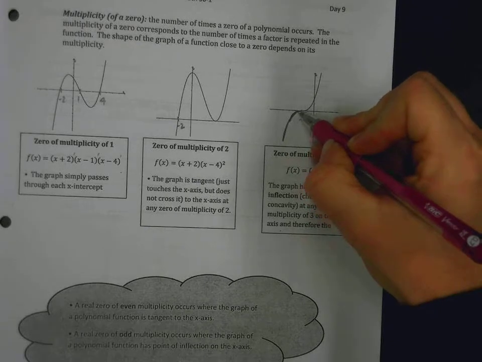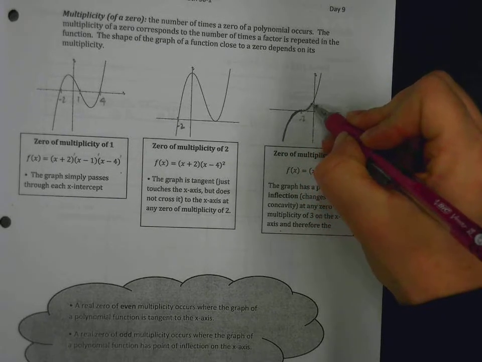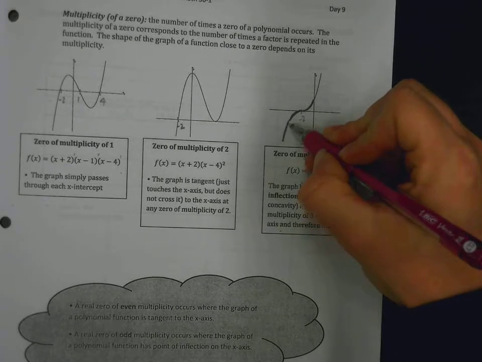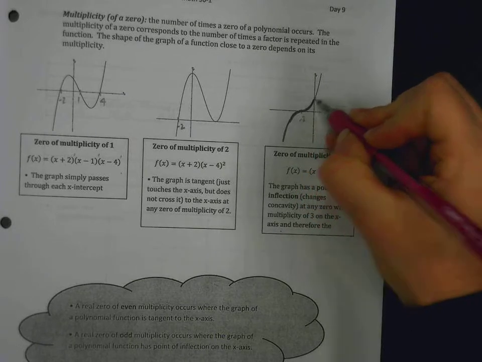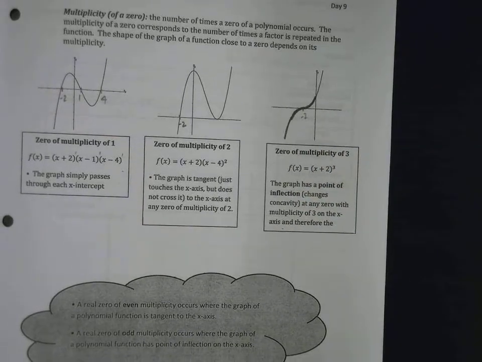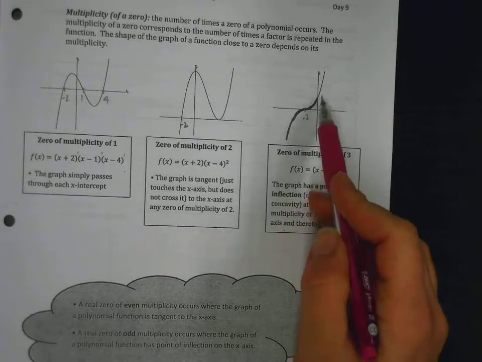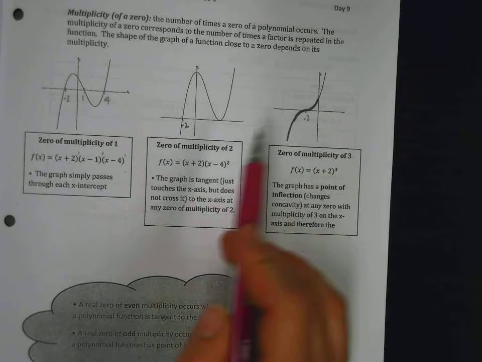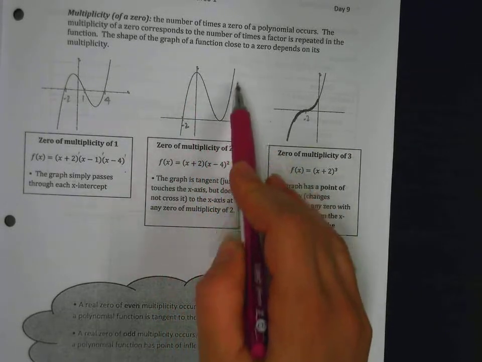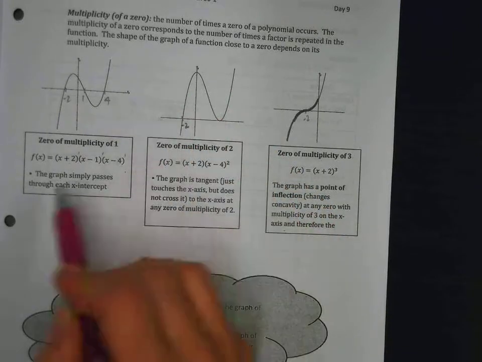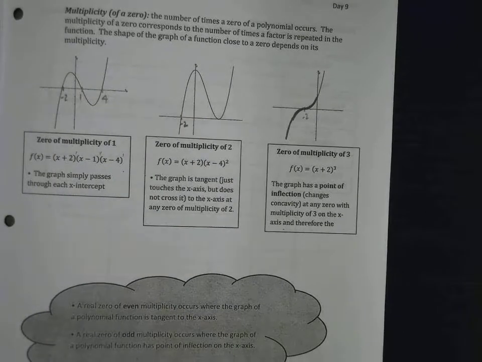It changes from a concave down shape, and then at -2 it changes to a concave up shape. Okay, so we call this a point of inflection, where the graph is actually changing shape at that multiplicity. So multiplicity of 3 takes the shape of an inflection point. Multiplicity of 2 is tangent to the x-axis, and multiplicity of 1 actually goes through that graph, keeping its same shape.